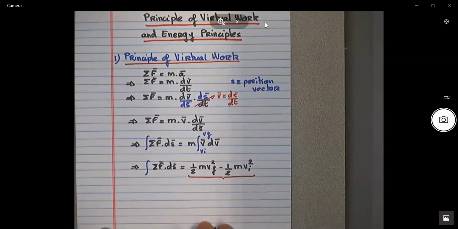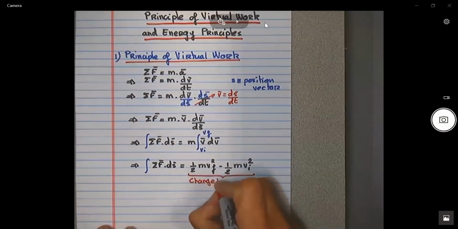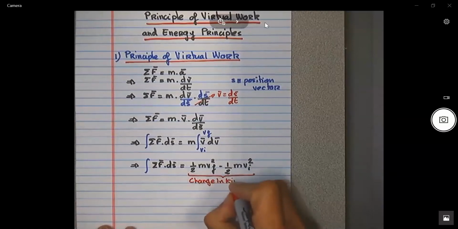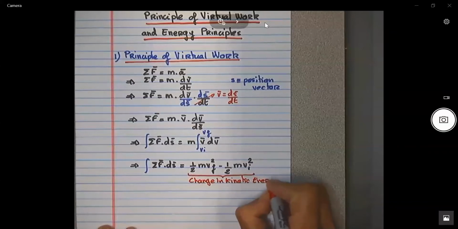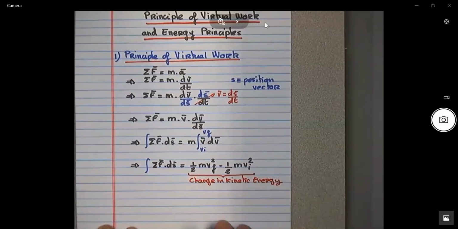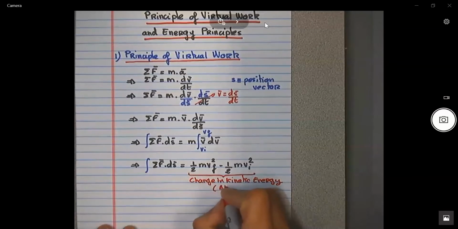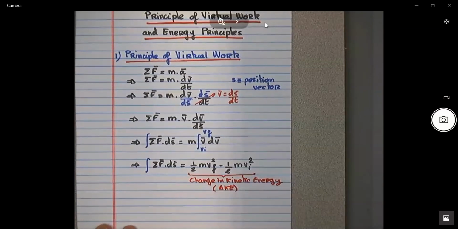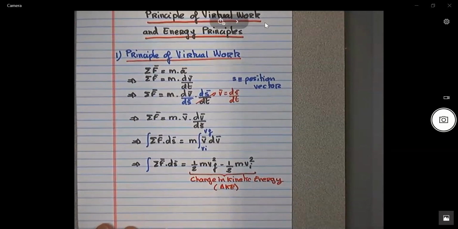This term over here, you know, is equal to the change in kinetic energy. Okay, but this term is not important.